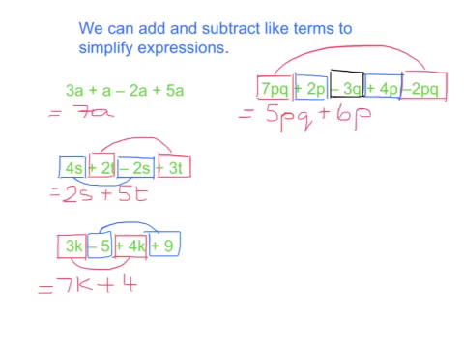And then my last term is minus 3Q all on its own. I've got nothing that I can combine that with, so it goes on the end. So now I've got 5PQ plus 6P minus 3Q. And I can't combine these three terms because they're not like terms. I have a PQ, some P's, and some Q's. Okay, you can have a go now at some exercises from the textbook.